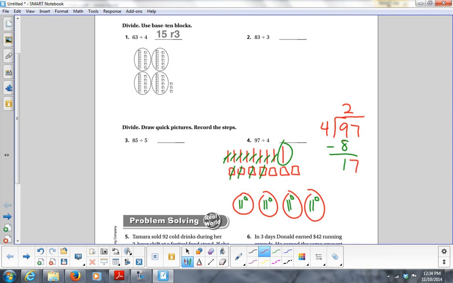Okay, I gotta break up the 10. So I'm gonna go 1, 2, 3, 4, 5, 6, 7, 8, 9, 10. Now I'm gonna do the same thing. Put blocks in. 1, 1, 1, 1. Again. 1.